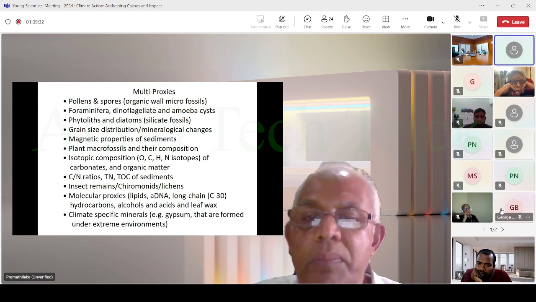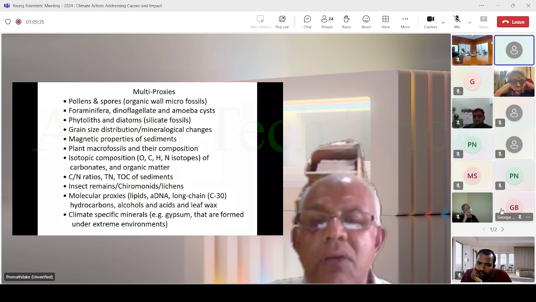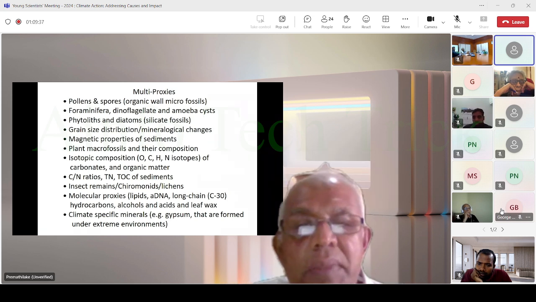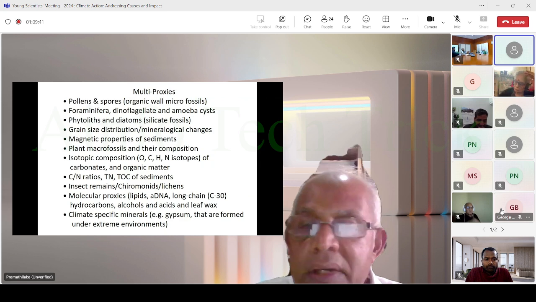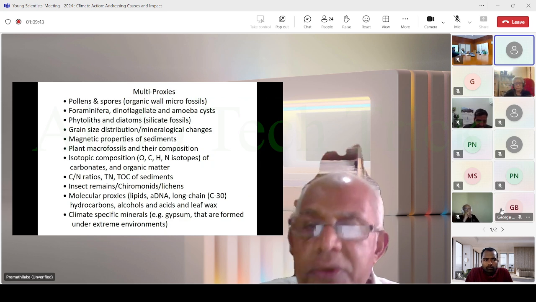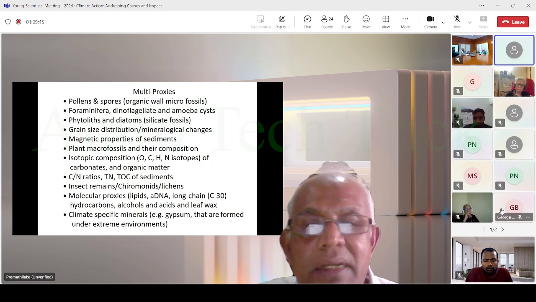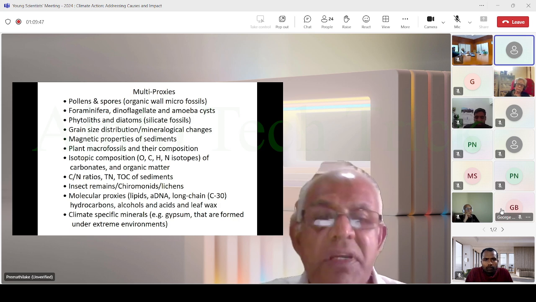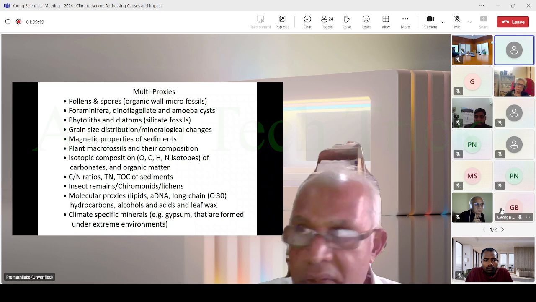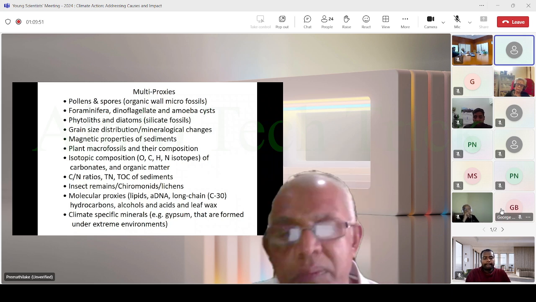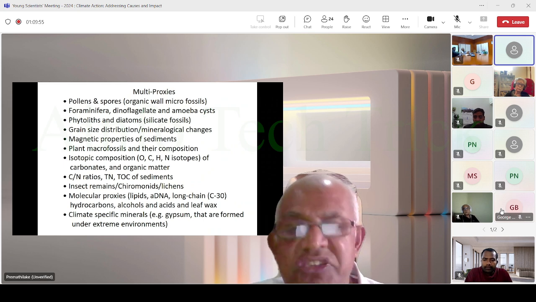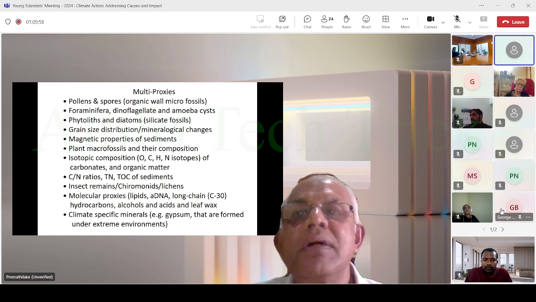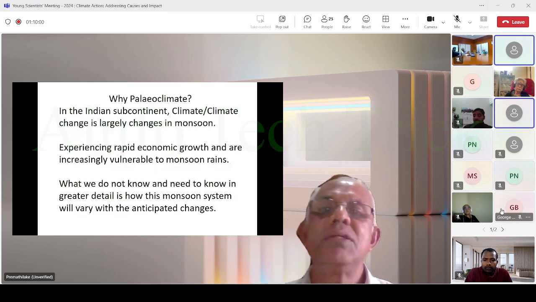Molecular proxies, in the modern world, people use quite a lot for understanding past climate, like lipids, ancient DNA, long-term hydrocarbon compounds like alcohol, acid, and wax-like things, and specific minerals also like gypsum, which is also an important proxy for climate change because it is preserved, formed under the extreme conditions of the environmental context. So that is the usual proxy.